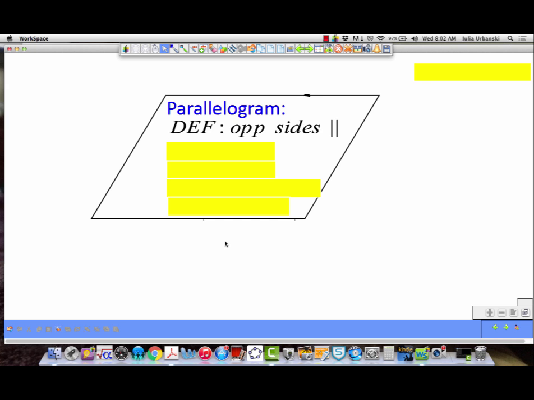Okay, I already heard someone say opposite sides are congruent, and that's true. These are just properties now, things that are true about parallelograms. Opposite sides are congruent. What else is true about parallelograms? We know that the opposite sides are parallel and the opposite sides are congruent. What else is true?